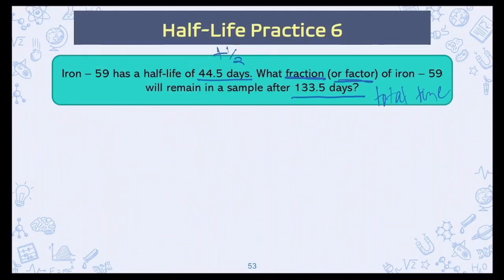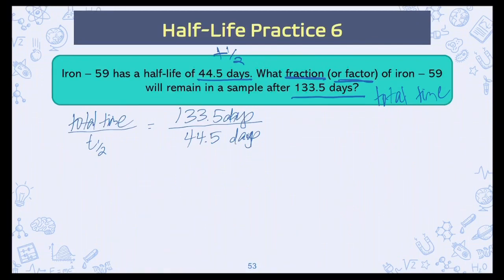So we'll start this problem by dividing the total time by the amount of time in 1 half-life. So that's 133.5 days. It's always going to be the larger amount of time over the smaller amount of time, 44.5 days.